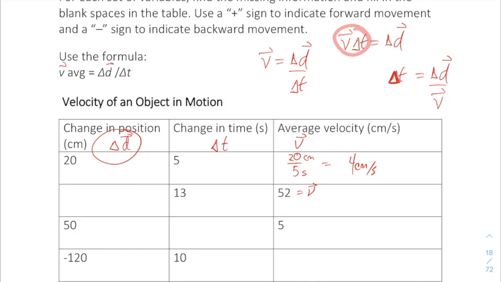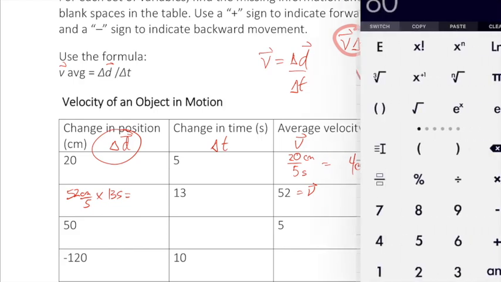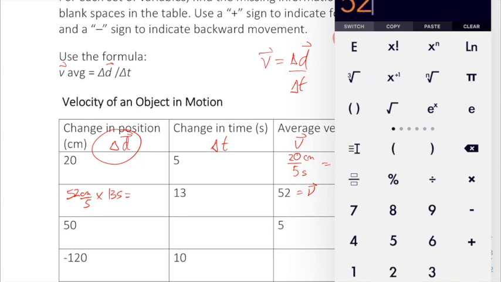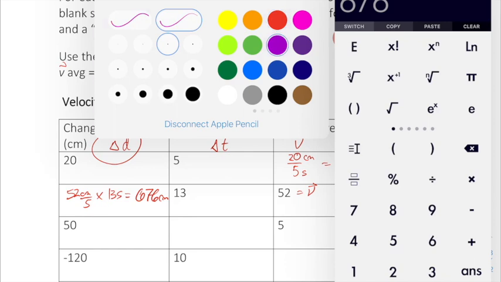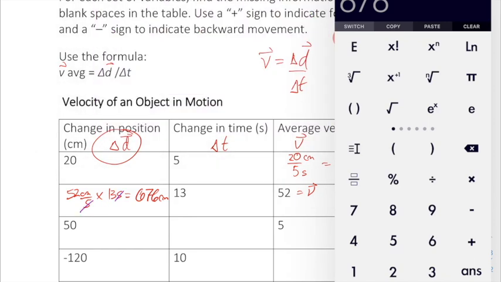So we are going to take this 52 centimeters per second, and multiply that by the 13 seconds, and that's going to give us the value for the displacement. So let's just do that here, 52 times 13, and we get 676, and that would be the centimeters. Another piece of evidence that you're doing this right is that the seconds will cancel out.